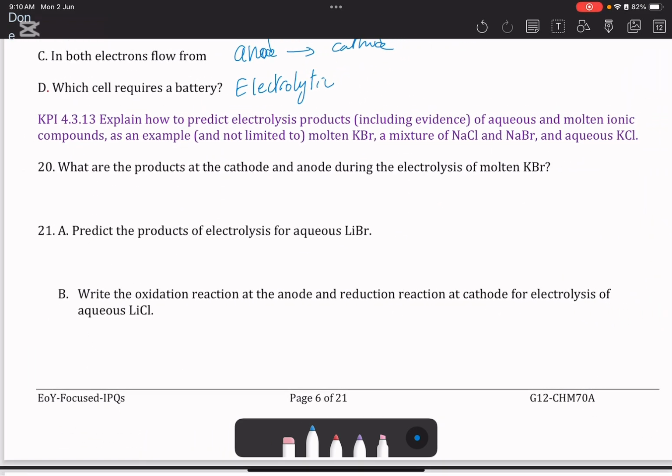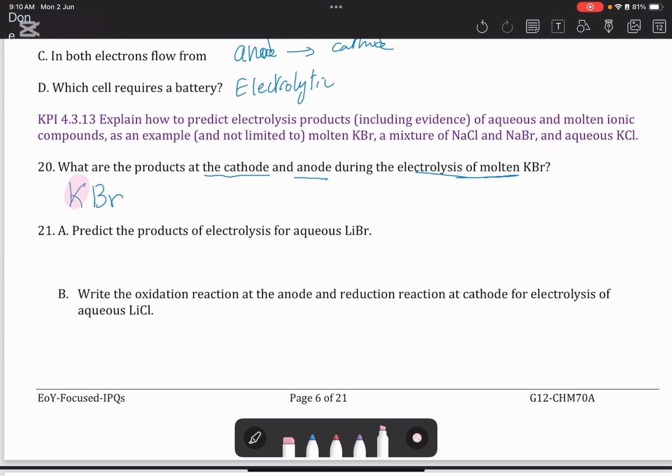Moving on. Now, what is the electrolysis of molten KBr? What are the products at the cathode and at the anode? When they say molten, we should not think about the H plus and OH minus ions that are present in water. Simply, we look at the compound given to us, KBr.